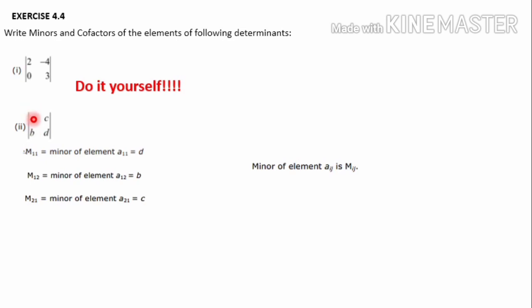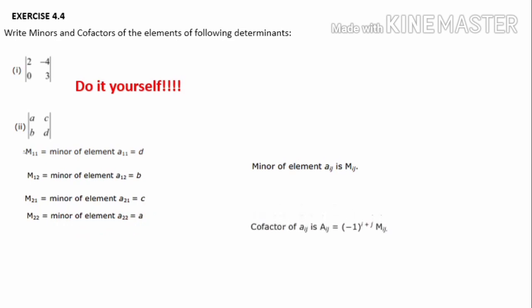That row and column are eliminated, the balance is C. So the minor of element A21 is equal to C. And one more element is left, that is M22, the minor of element A22. A22 is here D. If you take D, that row and column are eliminated and the balance element is A. So A is the minor of the element A22.